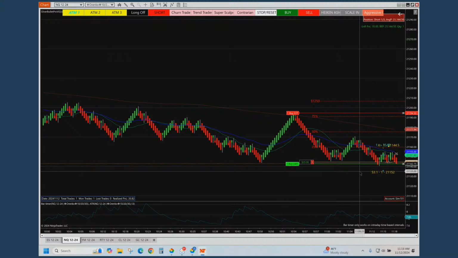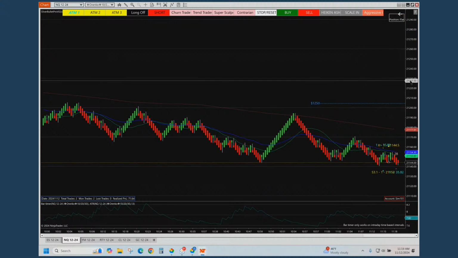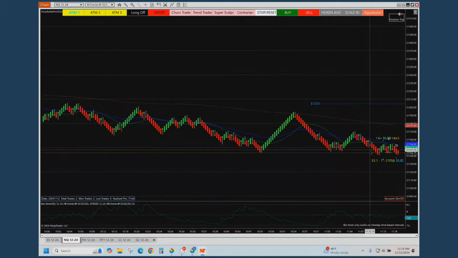I would urge that newcomers be careful in kind of taking trades at the day low. Target filled. But I just took it because I felt I could get 8 ticks there. So two trades, $71.